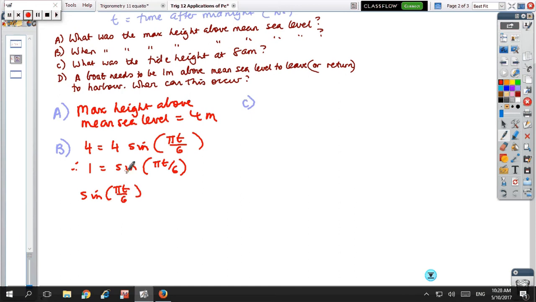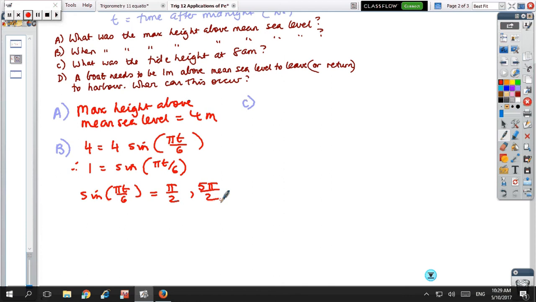And that occurs at 2 times. We've got pi on 2 in the first lap, but we've got to remember that there's going to be another tide as well. So there's only one time that sine is positive 1. So we need to look at another lap around the circle, and the second lap will be 5 pi on 2.